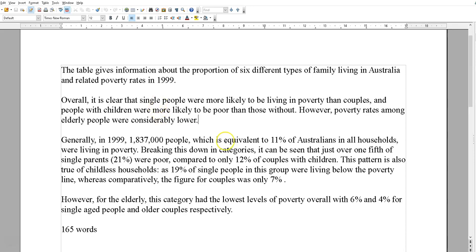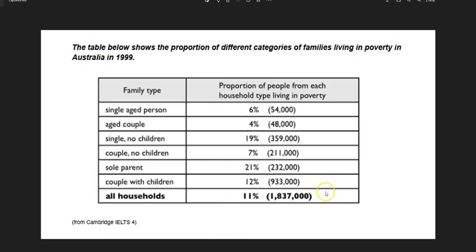So in this one we're going to be comparing single people with couples, children, and those without, because if we look at the table, these are the obvious comparisons. This one's a little tricky because there's no immediately obvious key features.